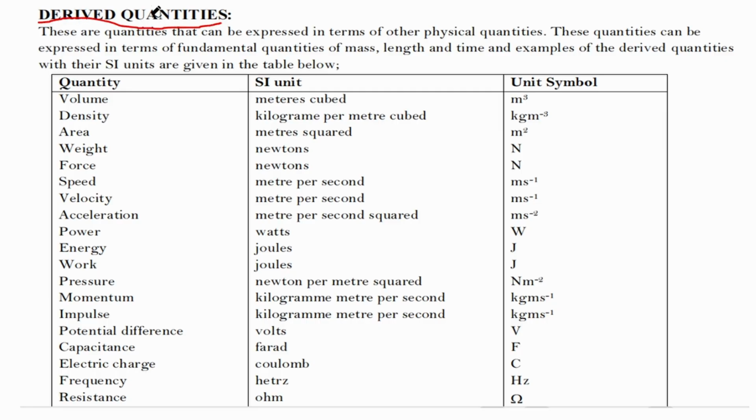Now, from the word derived, it means they are coming from somewhere. These are the quantities that are expressed in terms of other physical quantities. These quantities are expressed from the other fundamental quantities we had. So they're expressed in terms of mass, length, time, and the other examples of derived quantities.